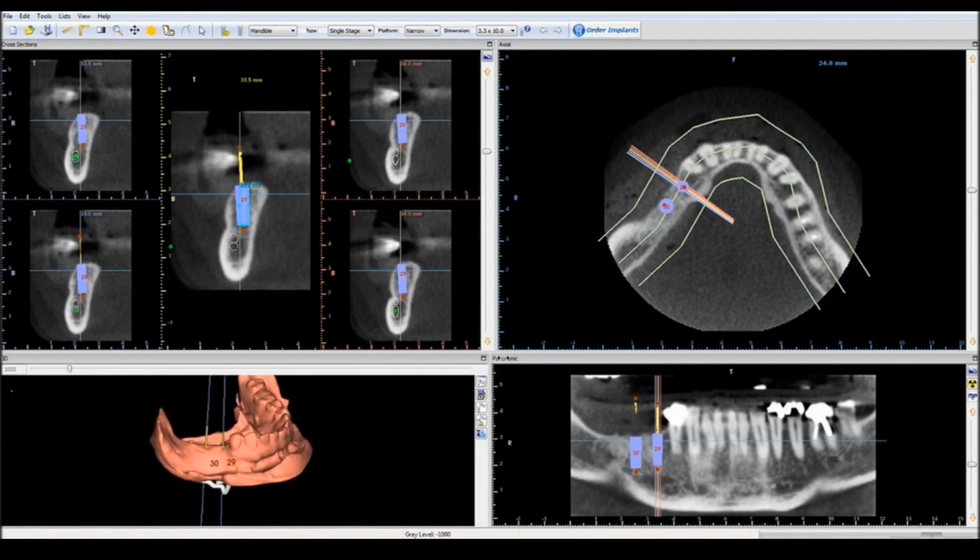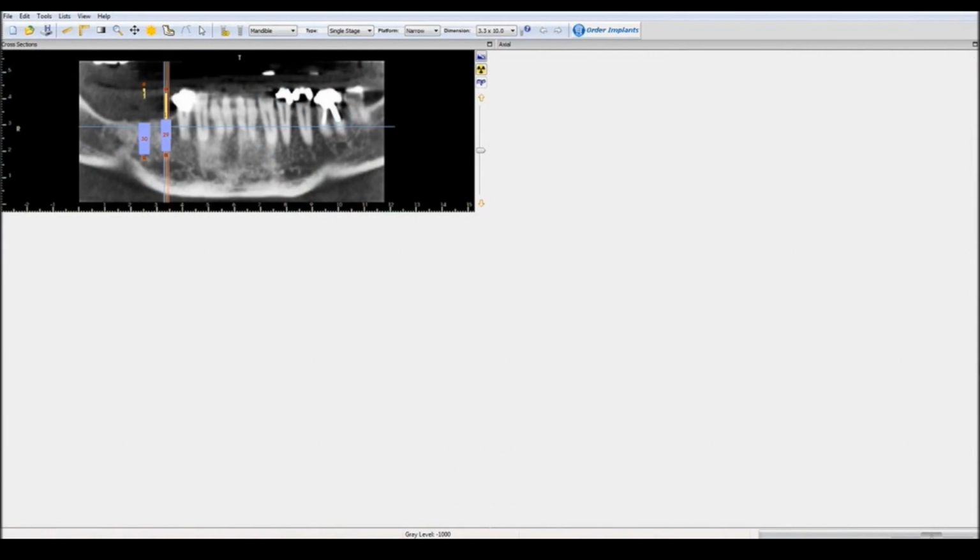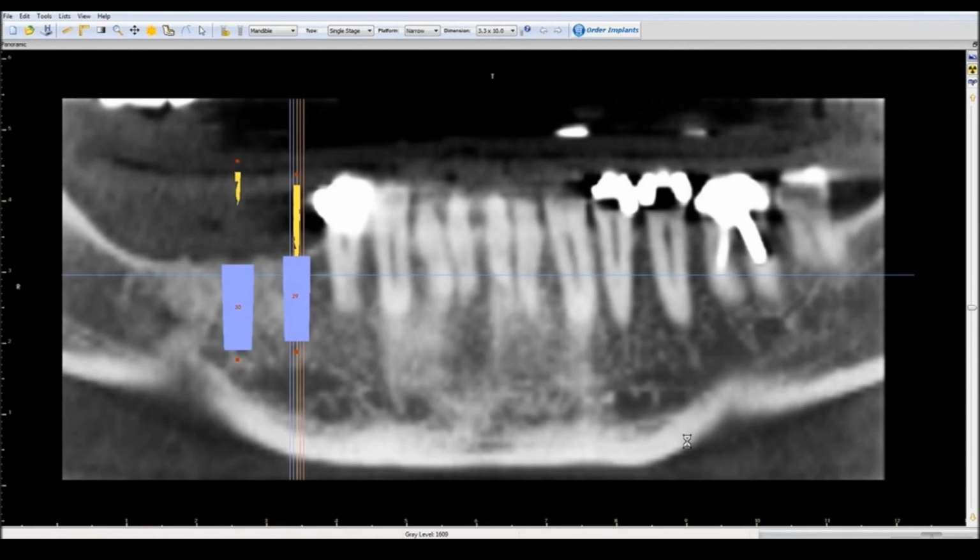So to plan a case like this, the first thing I do is I go to the pan, I grab an implant, I place the implant. In this case, what I'm interested in on the pan is the angulation and the relationship between this implant and the first bicuspid root.